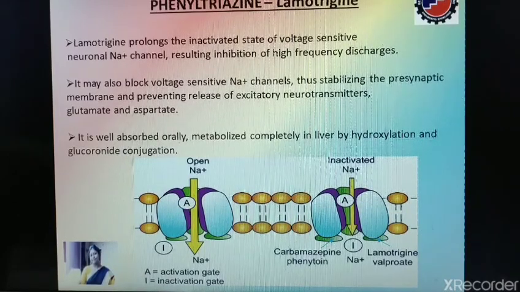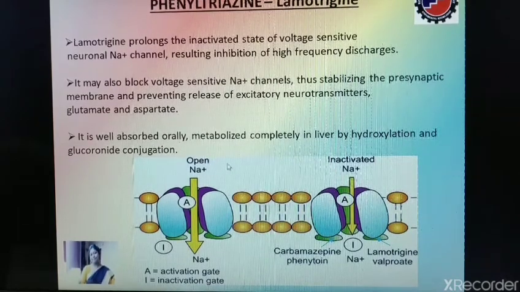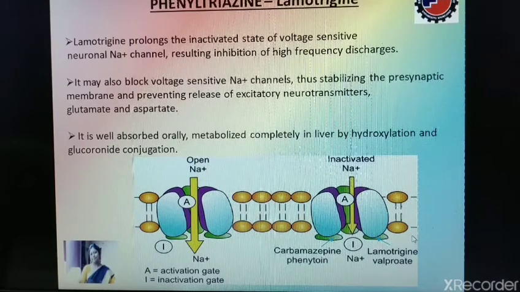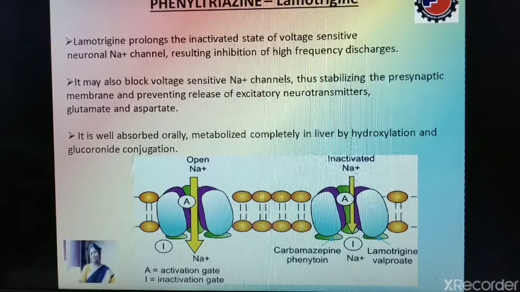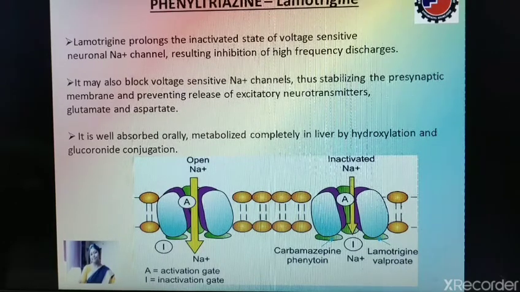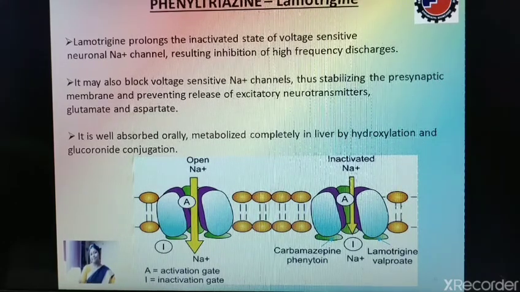So lamotrigine also, as we have discussed till now, acts by prolonging the inactivation state of voltage sensitive neuronal sodium channels, thus resulting in inhibition of high frequency discharges. I hope this mechanism is clear to all of you because we have gone through this a number of times.